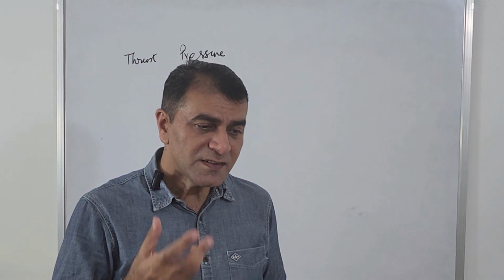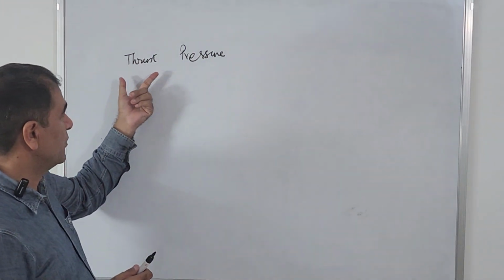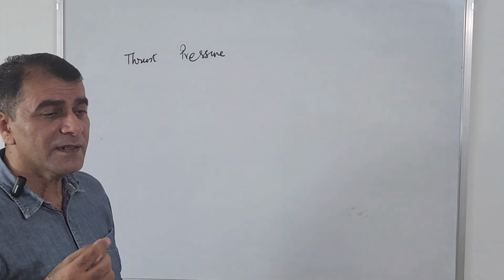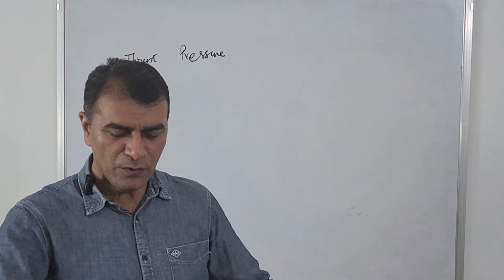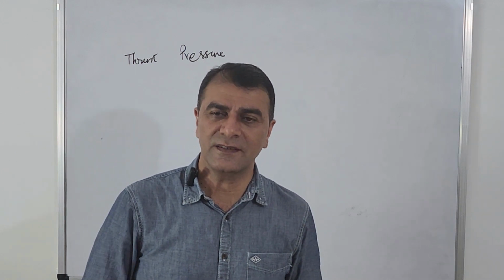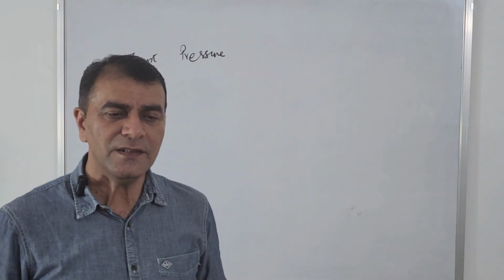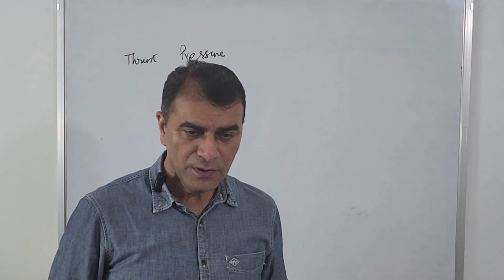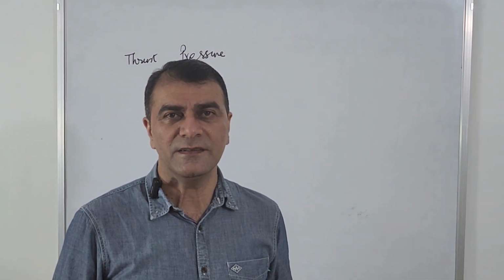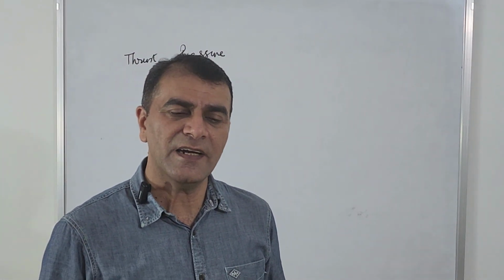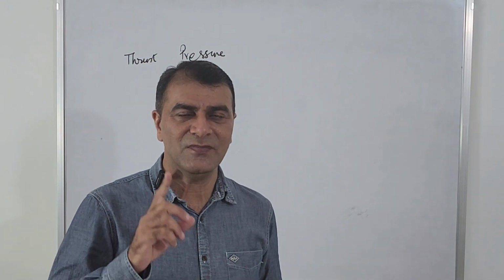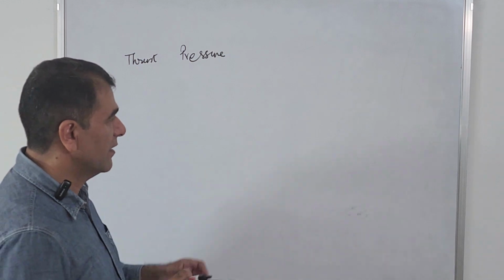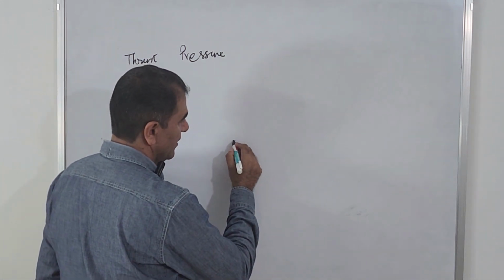Okay, to understand the physics behind thrust and pressure, let us take one simple example. There is a heap of sand, loose sand. You put your foot on the sand and press it, you will see that your foot will go inside the sand, right? Very simple. Let's make a diagram for better understanding.